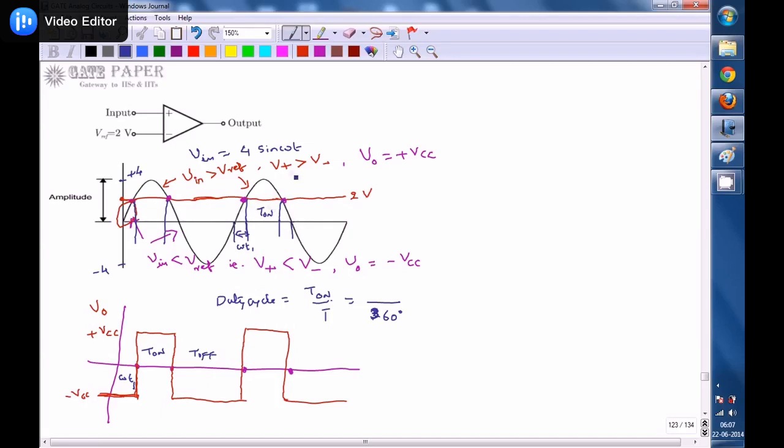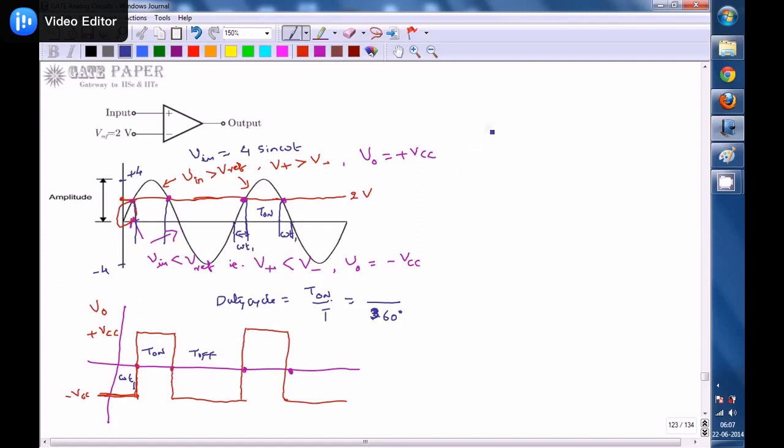Both will be the same since you are going for 4 sin omega t only, so this will also be treated as omega t1. Whether the sinusoidal signal is increasing from 0 to 2 or 2 to 0, it takes the same amount of time, so omega t1 and omega t1 both will be the same.